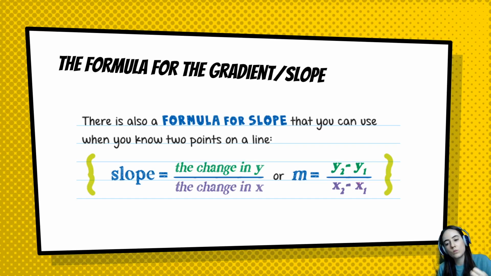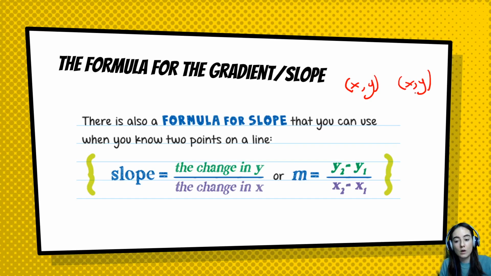What on earth is y2, y1, x2, x1? Let me just show you over here. Remember, this is a formula that we can use for finding the gradient when we have 2 coordinates, and you're going to have 2 coordinates that are always of the form x and y. Which one is x1, which one's x2? It doesn't really matter.